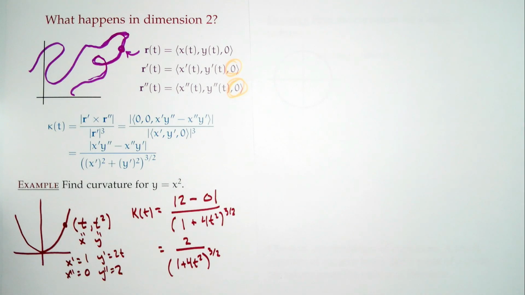It doesn't matter whether I'm going positive or negative because I'm squaring. So to make the whole expression large, we should choose t equals 0. Well, does that agree with our notion of parabolas? Is it most bendy at the very bottom? And hopefully, if you've seen a parabola, you're like, that sounds true.